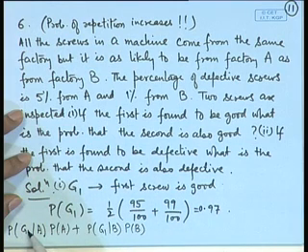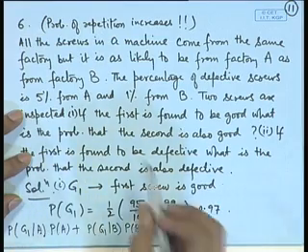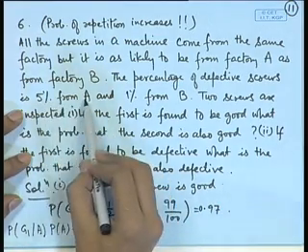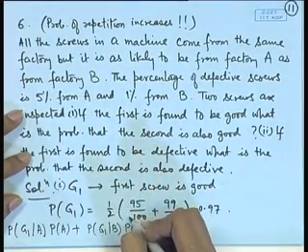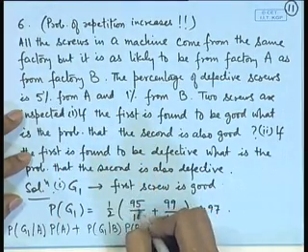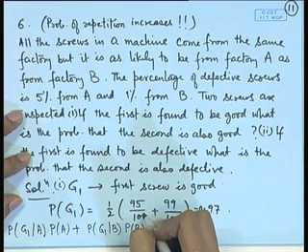What is the probability of a good screw coming from factory A? Since 5% of the product coming from factory A is defective, the probability that a screw from factory A is good is 95 by 100.